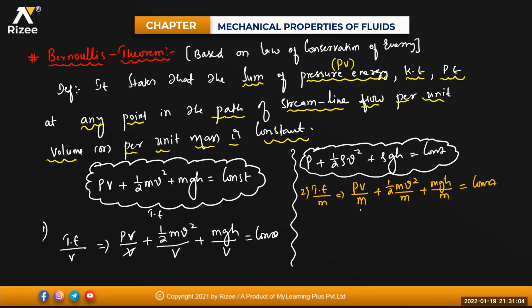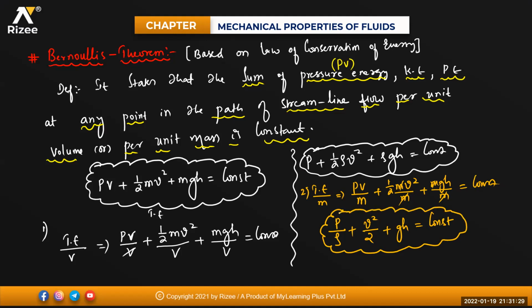So V by M will be equal to how much, beta? Density, because density is equal to mass by volume. So I can write this as P divided by rho plus V square divided by 2 plus g into h is equal to a constant. This is another form of the formula.